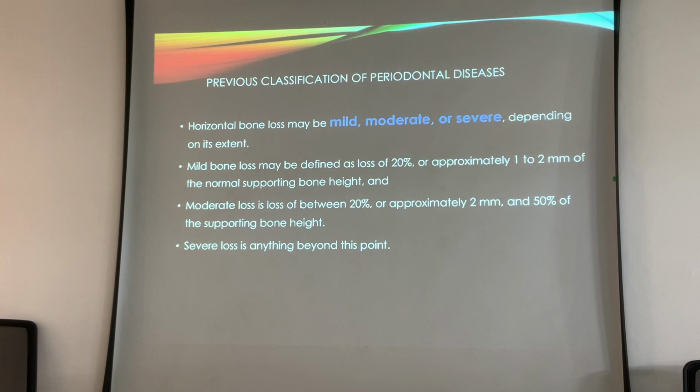So when you do the interpretation and you measure with a ruler, and you find that the alveolar crest has already decreased 1 to 2 millimeters of the normal supporting bone height, then you can write the radio diagnosis as mild periodontitis, or maybe localized mild periodontitis.